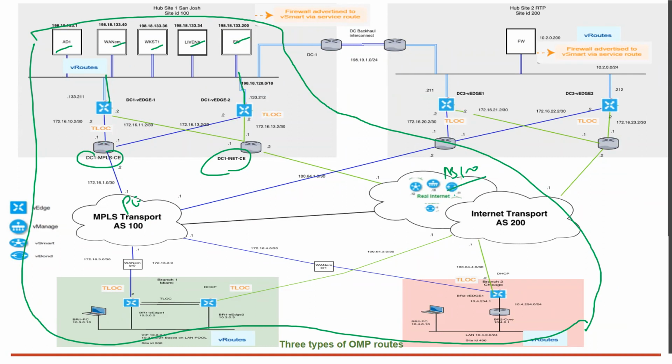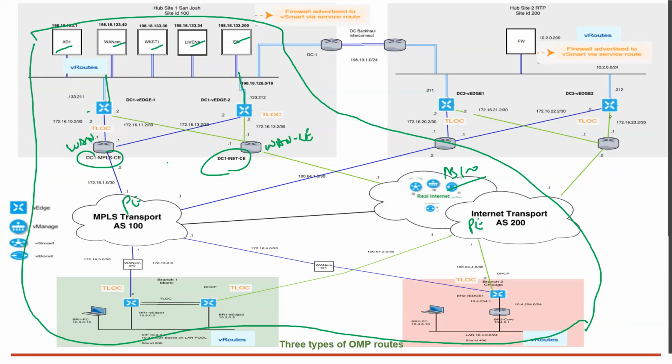You'll see that we have all the controllers inside that. Then we have the internet transport here also. The DC side router that is connecting from the vEdge, this is the WAN side, right? One is the MPLS router, and one is the internet router.